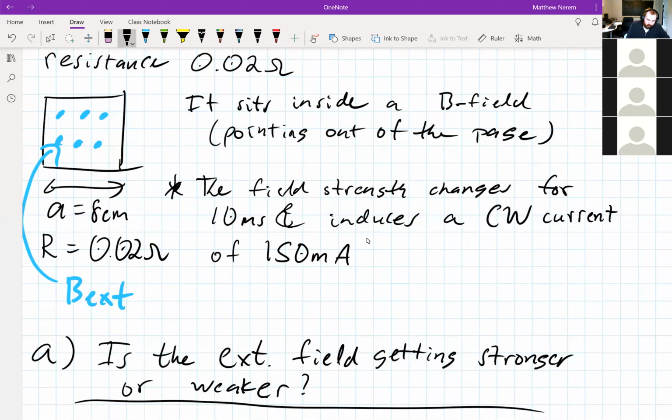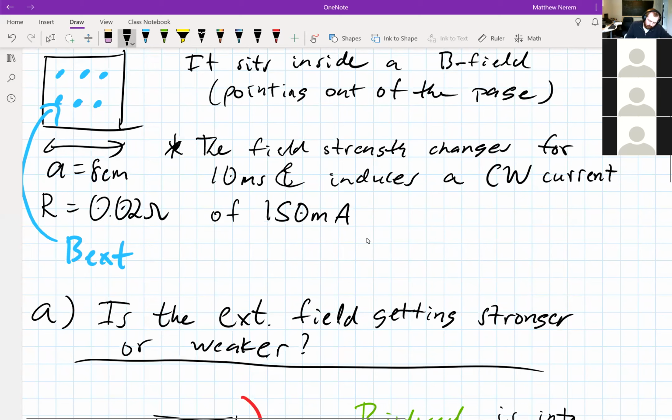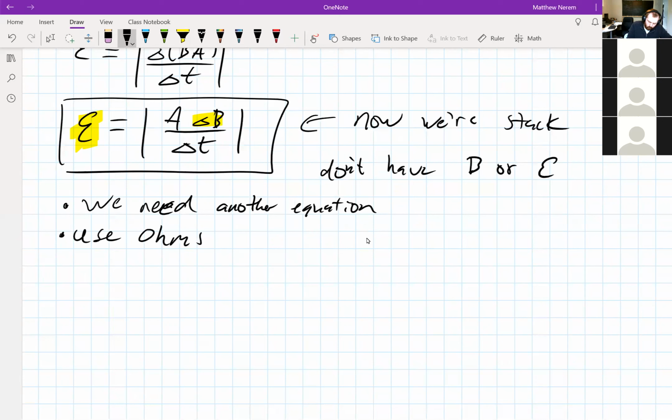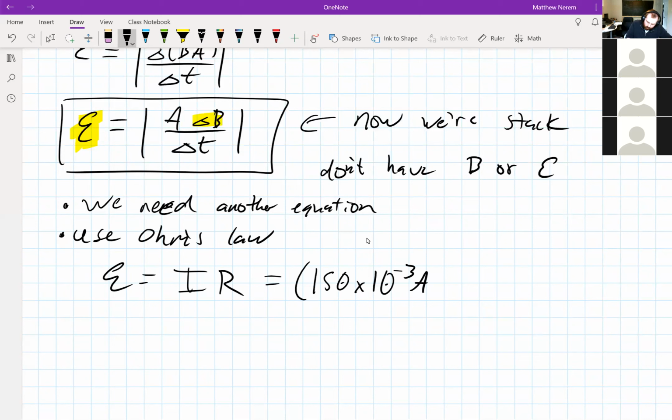We know the current, we know the resistance, calculate the EMF by Ohm's law directly. So let's scroll back down. E equals I times R. Right. I, it was 150 milliamps, or 150 times 10 to the minus third amps. R was 0.2 ohms.